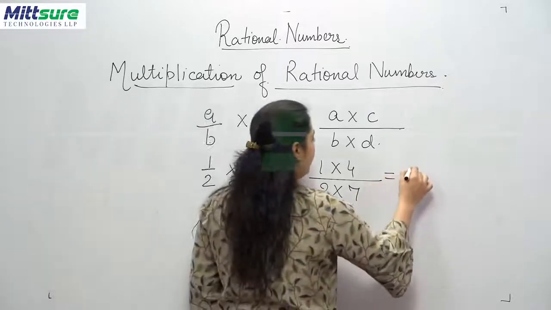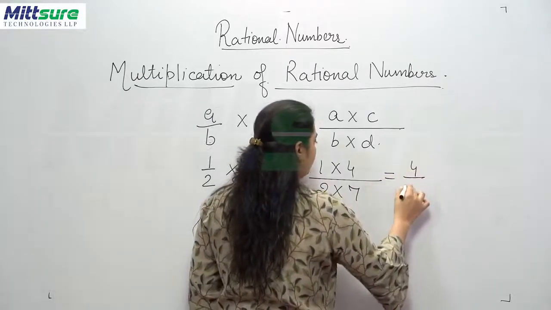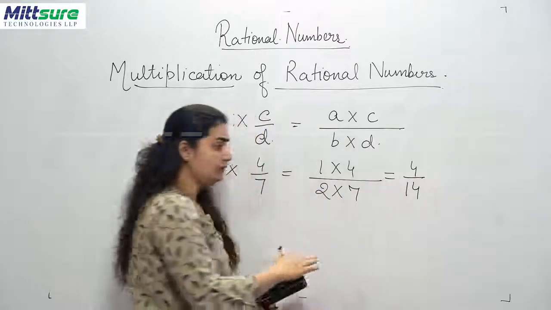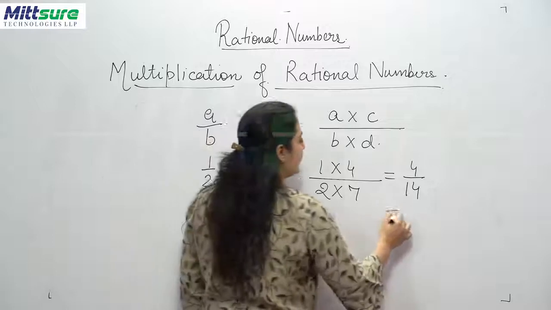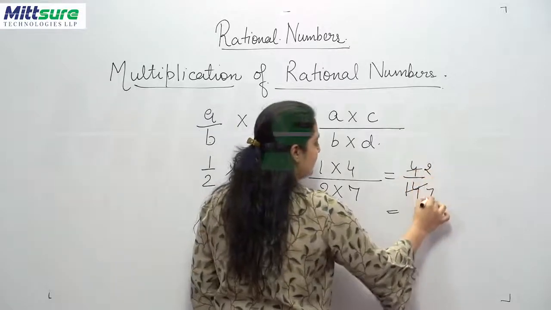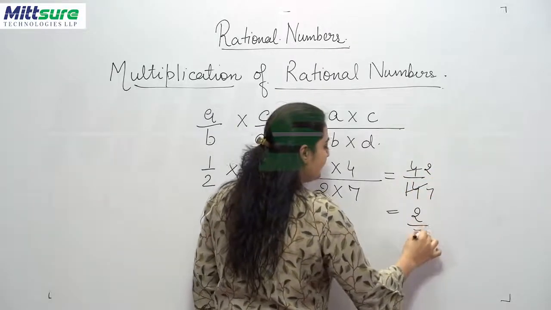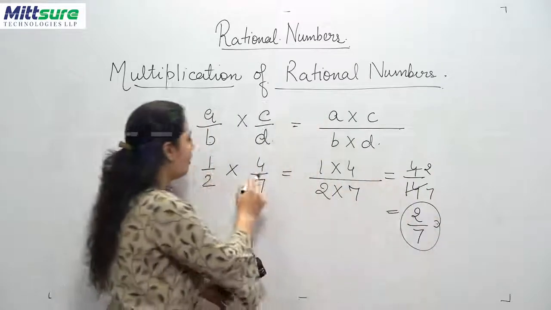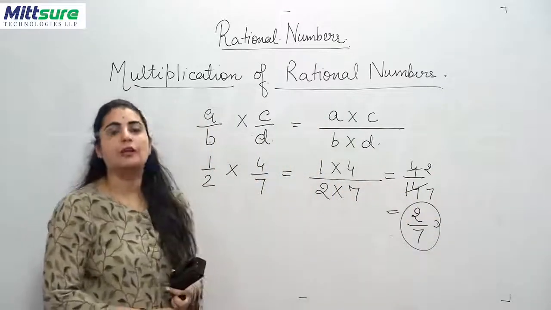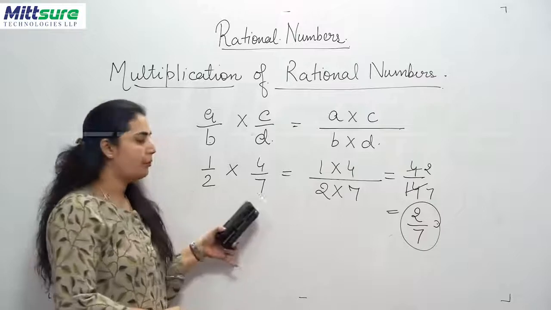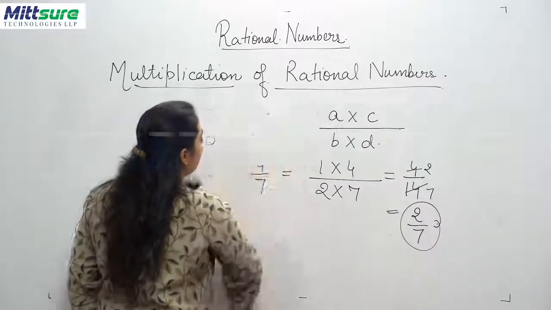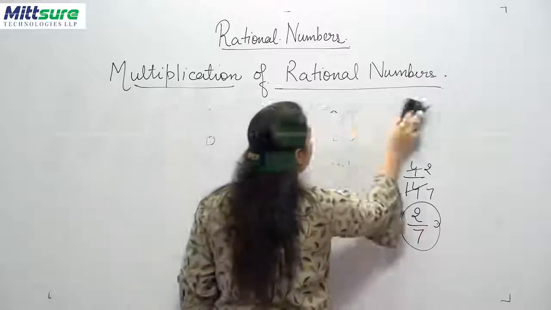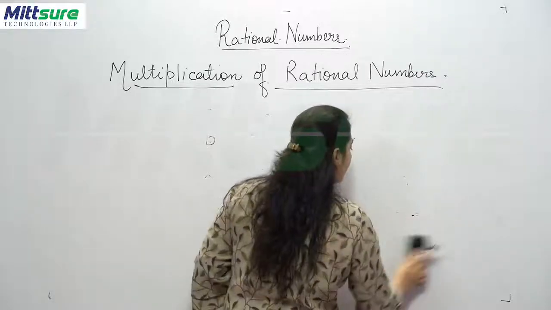So it will be 4 upon 14, which can be reduced to its standard form, that is, 2 twos are 4, 2 sevens are 14. So 2 upon 7 is the product of multiplication of 1 upon 2 and 4 upon 7. This is how we perform the multiplication of rational numbers.